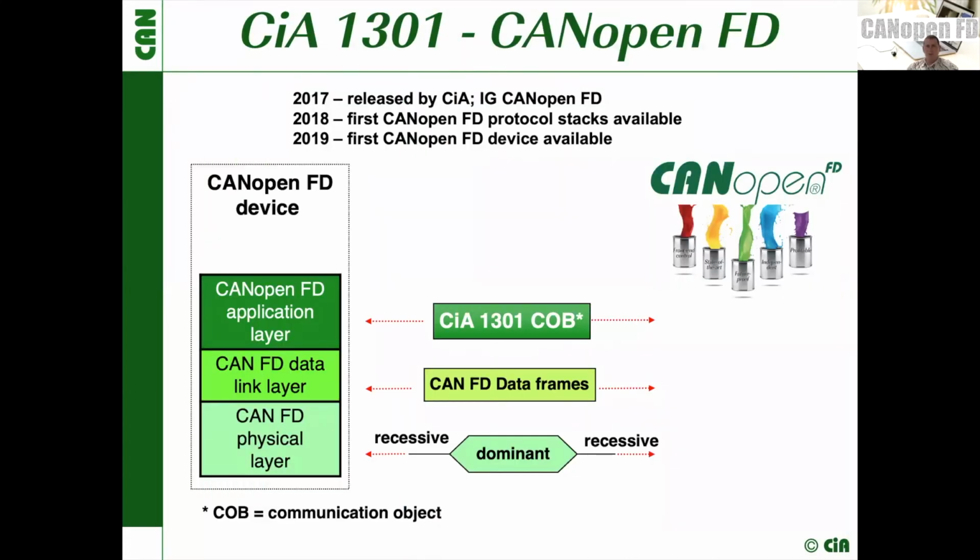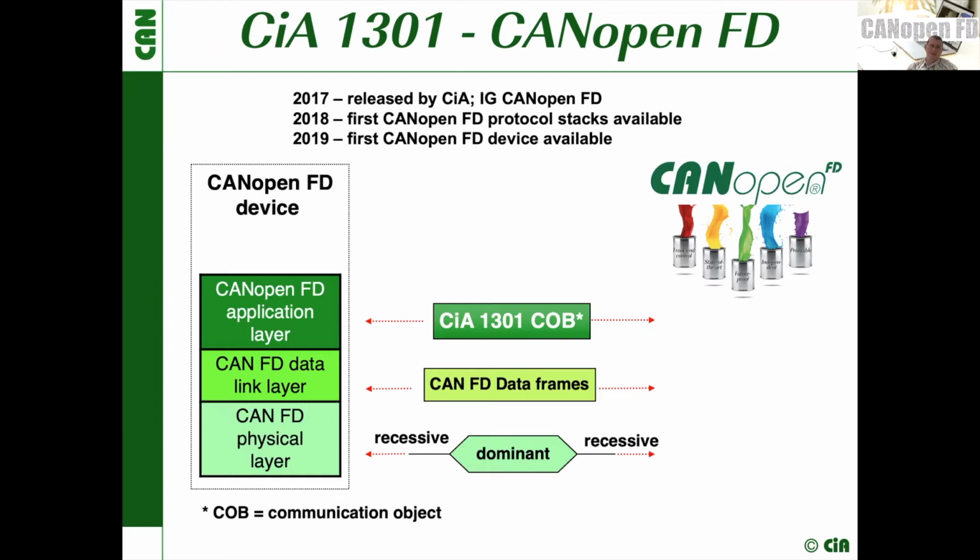So in general, in one of the previous webinars, we have already introduced CANopen FD. We have already informed you what CANopen FD is. It is a way to make use of the data throughput and the advantages provided by the improved data link layer, CAN with flexible data rate, from the position of an updated, enhanced CANopen application layer. The name for this was the CANopen FD application layer and communication profile.